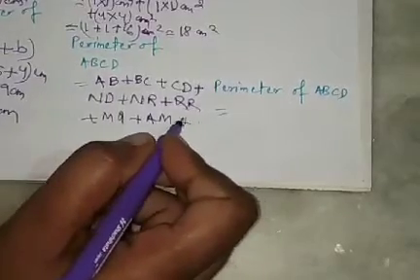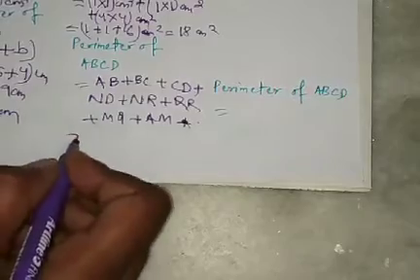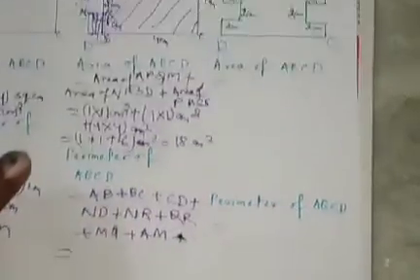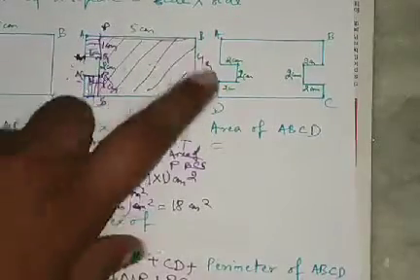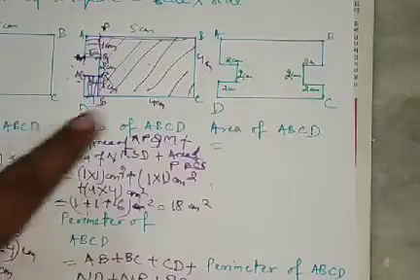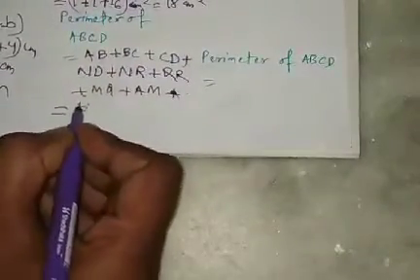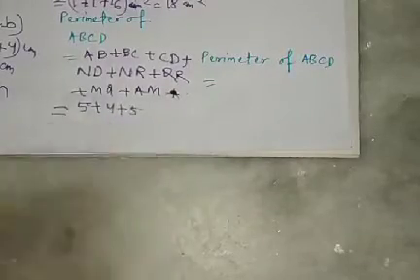AB equals 5 centimeter, BC equals 4 centimeter, total CD equals 5 centimeter, so 5 plus 4 plus 5.